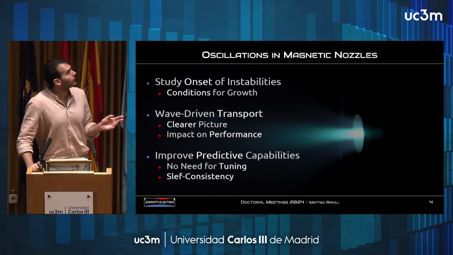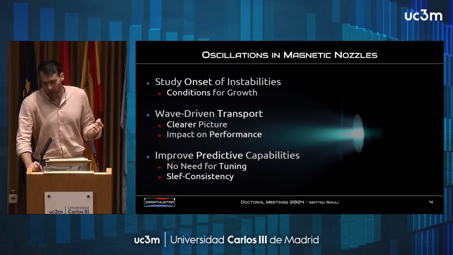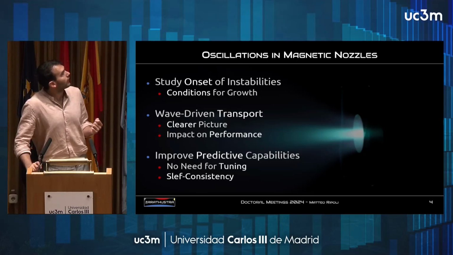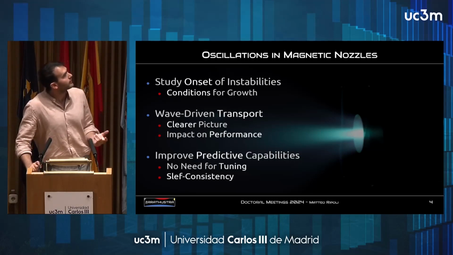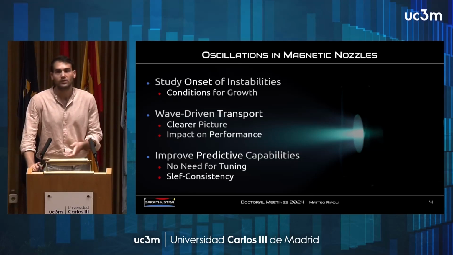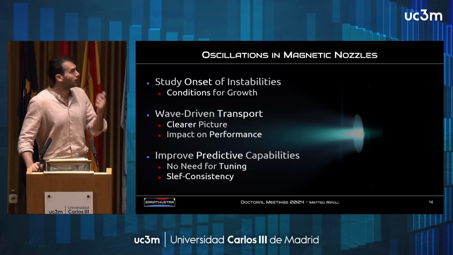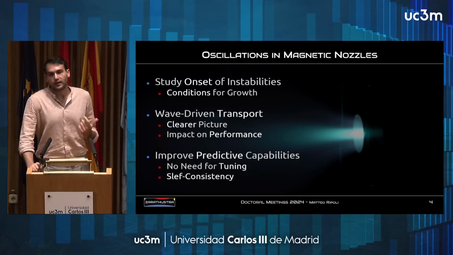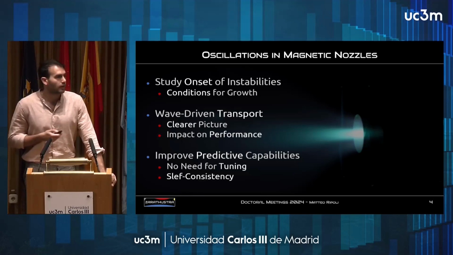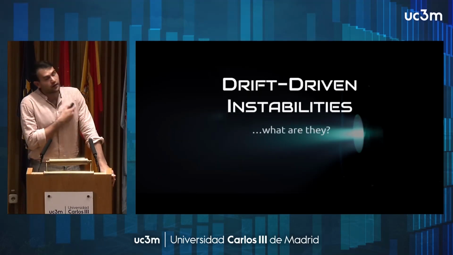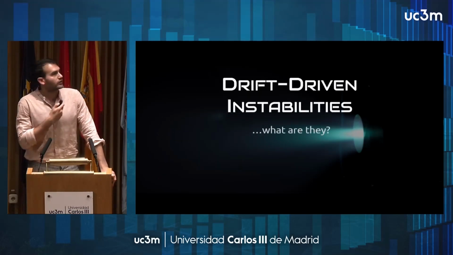And then we want to say how they drive anomalous transport. We want to characterize this, assess its impact on performance, and then maybe in the end get a self-consistent modeling out of all this study, without the need to resort to phenomenological models, as Alberto was saying. These are the goals of my thesis that I've already shown you.